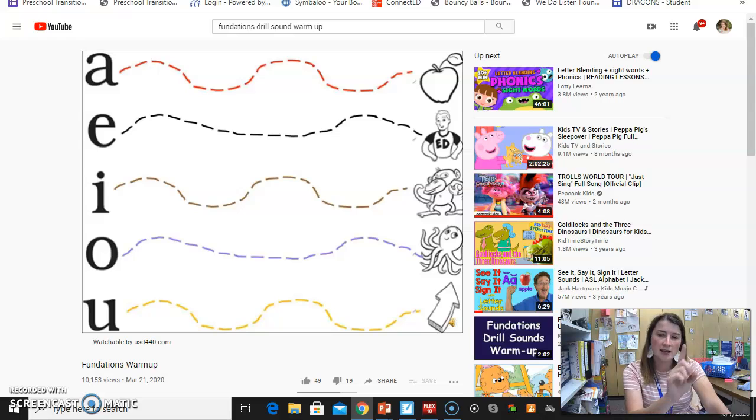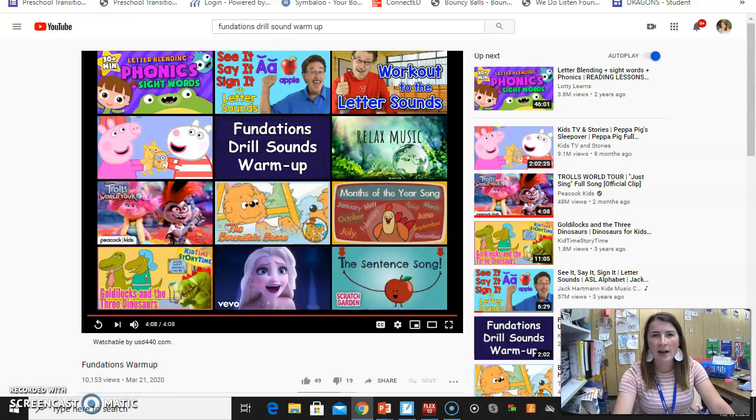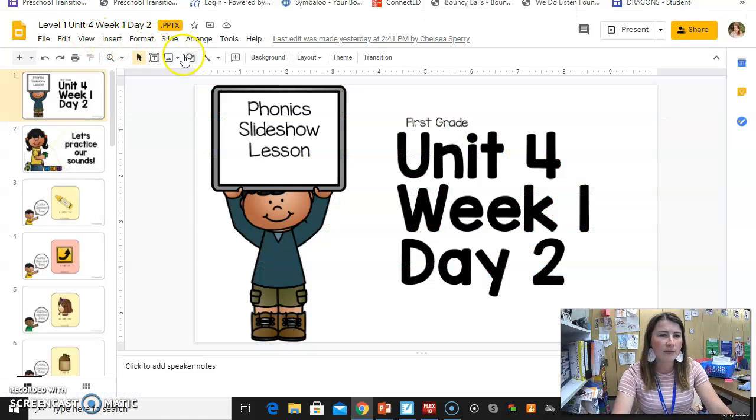I. Itch. O. Octopus. U. Good job, first graders. Don't forget those are called vowels. Those are short vowels. All right, we're going to review some tricky sounds.